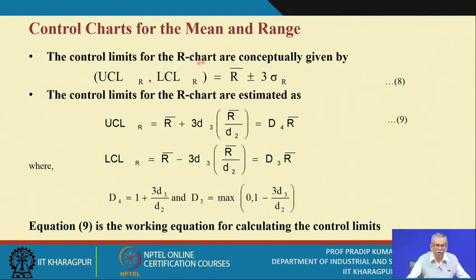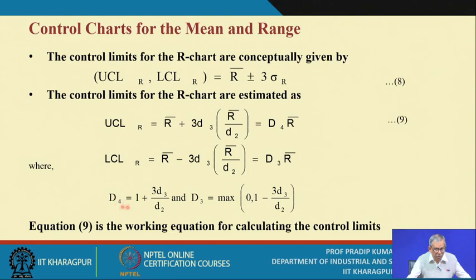Okay. Similarly for the R chart, the upper control limit and lower control limit are given by R bar plus minus 3 sigma R. With this manipulation, sigma R is D3 times R bar by D2, so the limits are D4 R bar and D3 R bar.